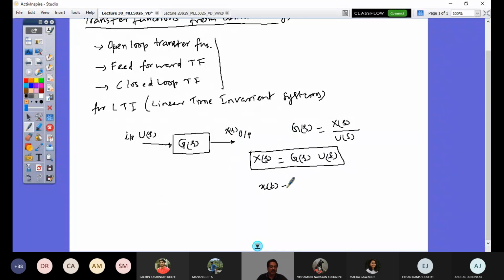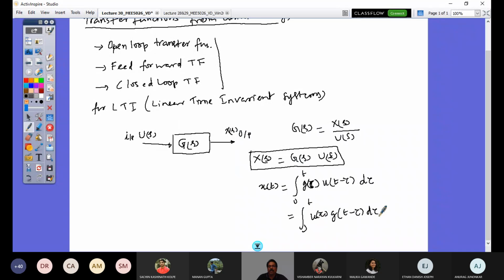If you want to get that, you have to integrate from 0 to t time. So G of t, or it can be written as G of tau, it's a time delay step. G of tau into U of t minus tau into d tau. So this is that integral you would get. Or you can also write this as integral from 0 to t of U of tau G of t minus tau d tau.